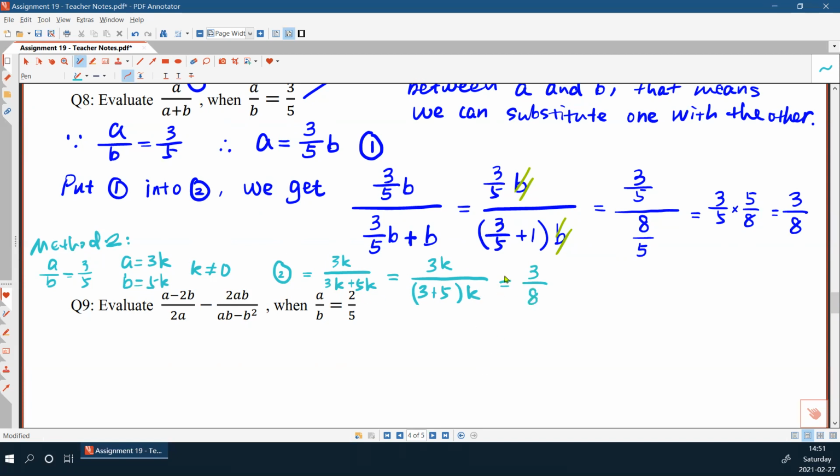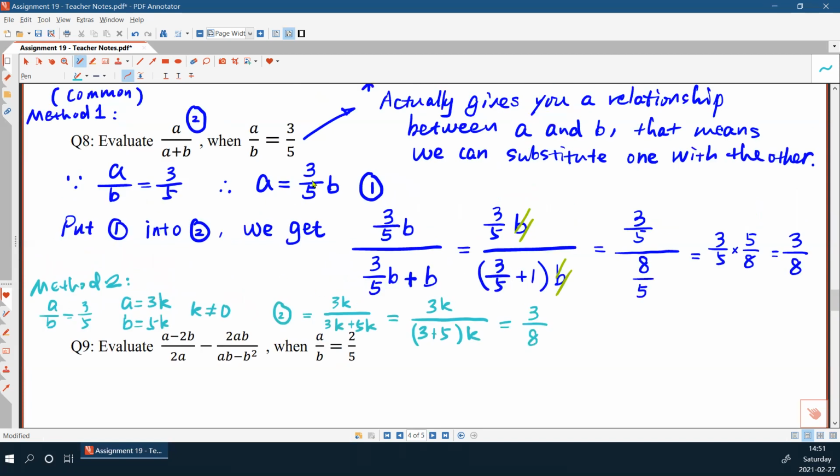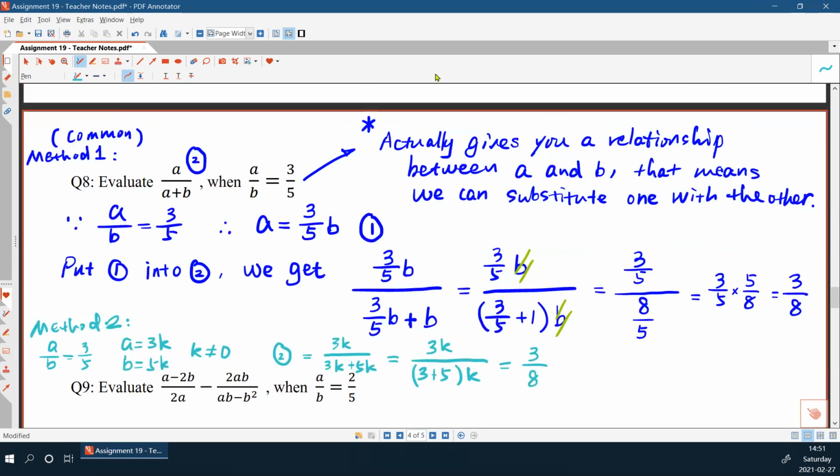This can also solve a problem like this. Next time, my recommendation is to use Method 1 because it's more common. You can always solve a problem using Method 1, but not necessarily Method 2. You can only use Method 2 when the order of the denominator and numerator is the same.